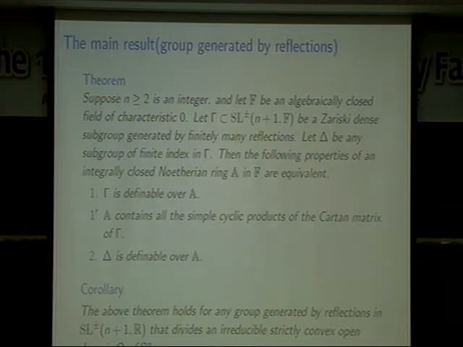Let delta be any subgroup of finite index in gamma. Then the following properties of an integrally closed Noetherian ring A in F are equivalent. First, gamma is definable over A, and A contains all the cyclic products of the Cartan matrix of gamma. Second, delta is definable over A.